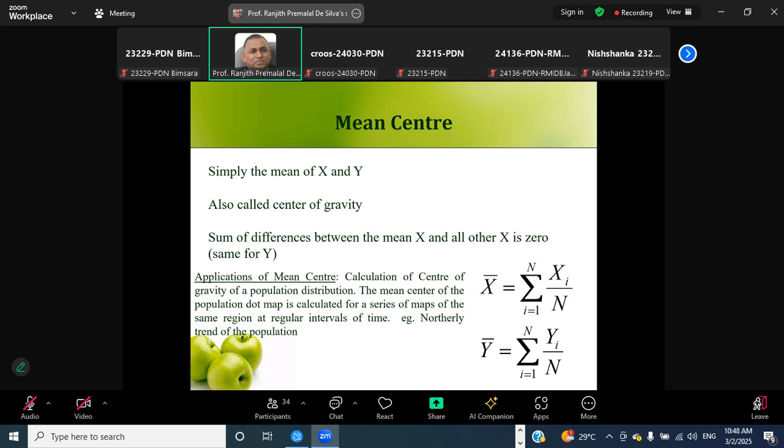That is why when we calculate the standard deviation or variance, we square the differences. We don't take the differences as they are, we square them to remove the sign. So if it is minus, it becomes plus. If it is plus, it still becomes plus.